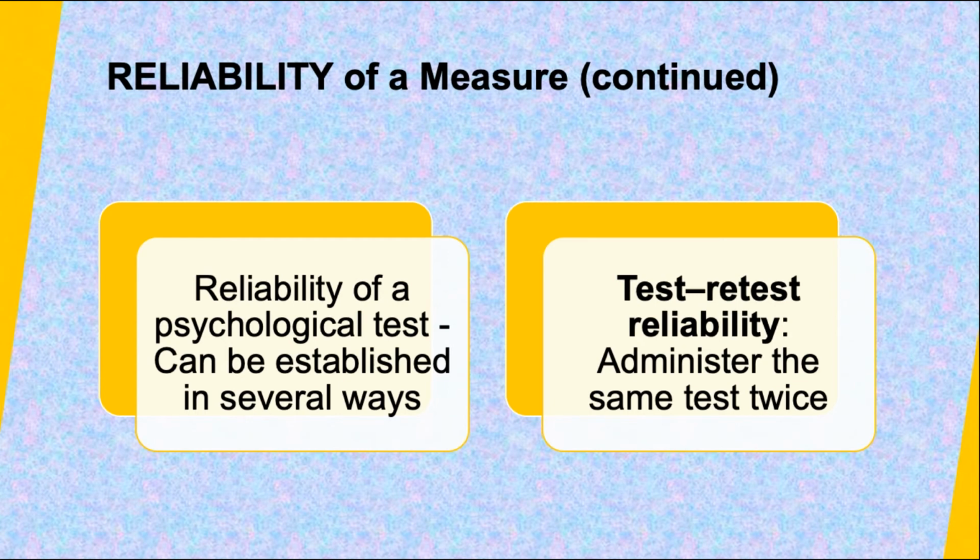So the basic strategy for assessing reliability of psychological measures is to administer the assessment twice to a large group of individuals and then determine the correlation, usually Pearson r, between the scores on the first and the second administrations. The higher the correlation, the greater the reliability.